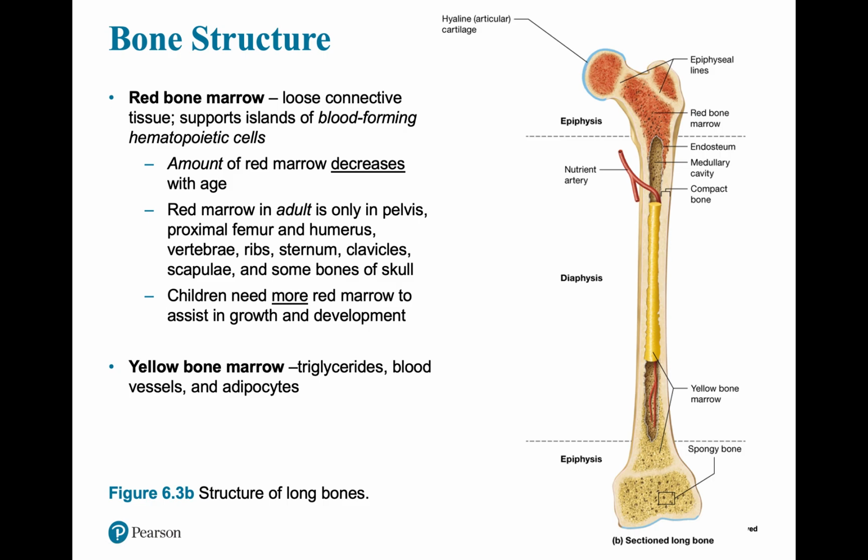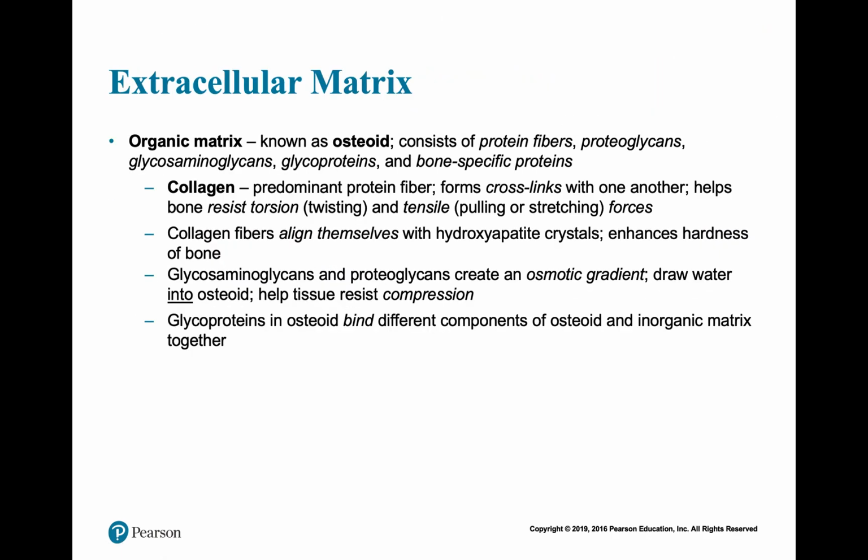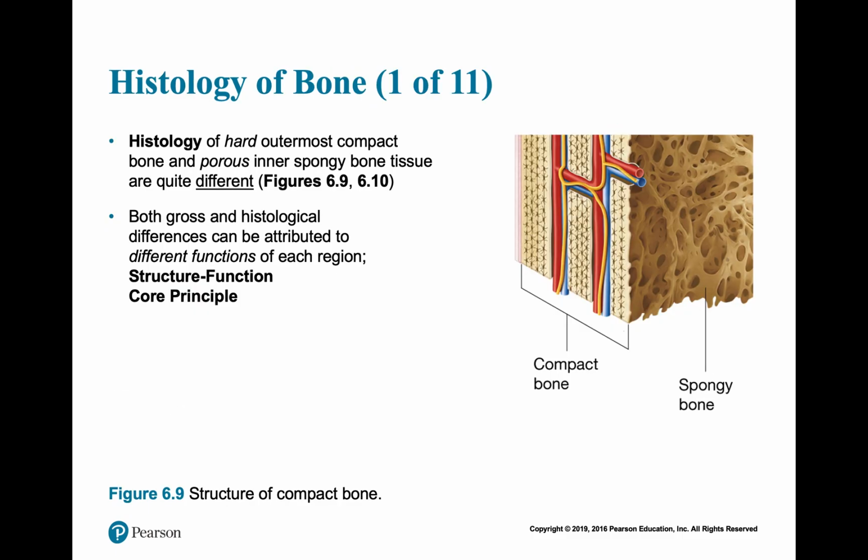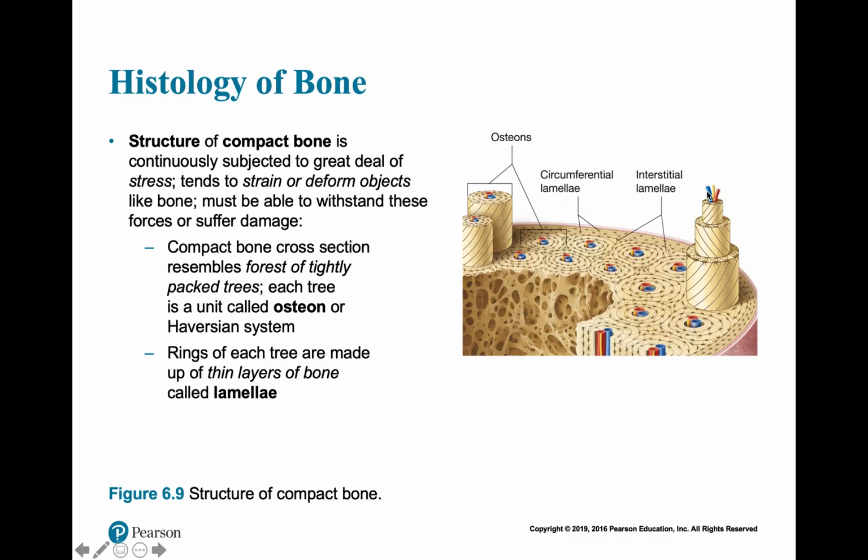If you were to see a cross section through a tree, you would see concentric circles that have been laid down. And all of that runs the length of the tree trunk, and it helps resist compression, and it acts as a weight-bearing pillar. So that's what these osteons do for compact bone. Osteons act as weight-bearing pillars. Again, these osteons run the length of the long bone, and they act as weight-bearing pillars, just like tree trunks do for trees.